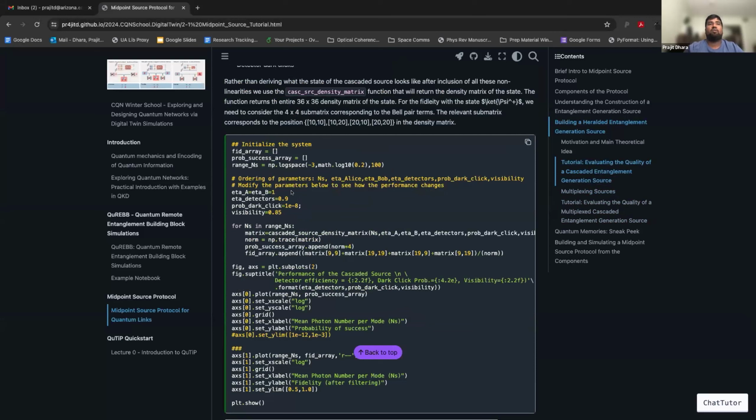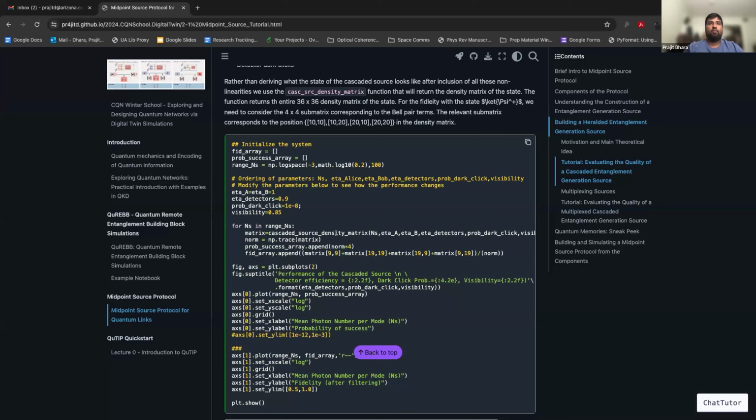Here I will specify some of the hardware parameters that we consider. Specifically, eta A and eta B are your coupling efficiency out to Alice and Bob. Eta detector is how efficient your detectors are. Probability of dark click is the noise in your detectors, and visibility is the amount of indistinguishability in the Bell state measurement.